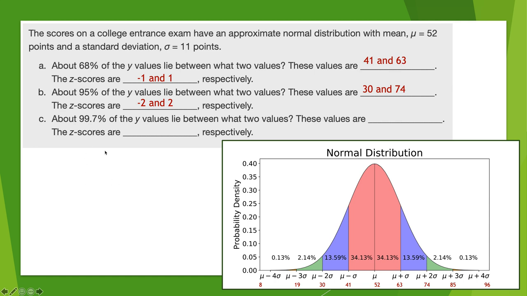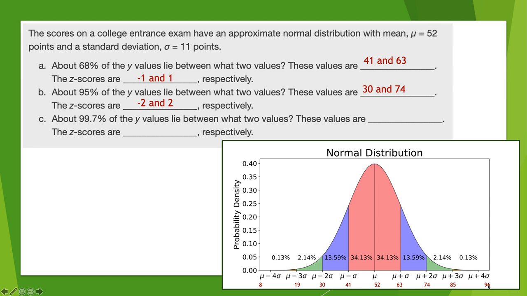Now it wants 99.7, and for that I need to go out one more level on the normal curve to mu minus 3 standard deviations, and on the other side, mu plus 3 standard deviations. Notice what I did on the curve here, just to help us out. The mean, mu, was 52, and then to the right side, I just kept adding 11. 63, 74, 85, 96.